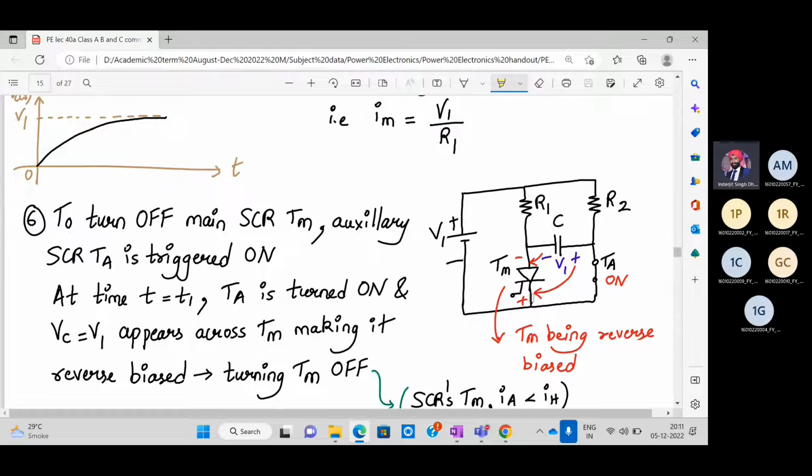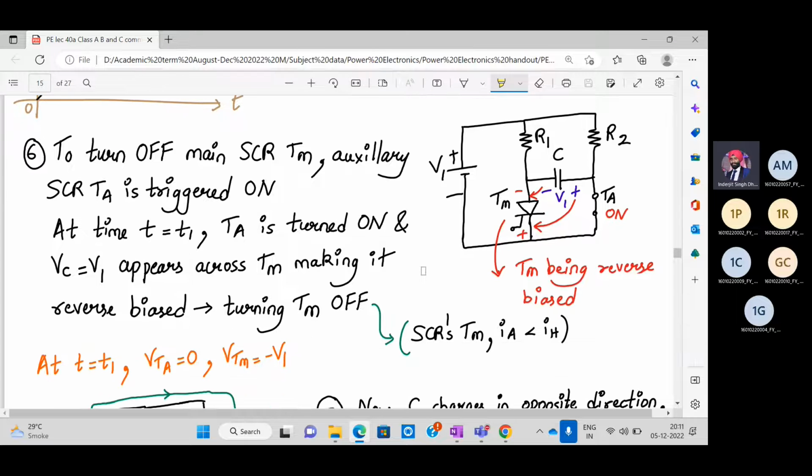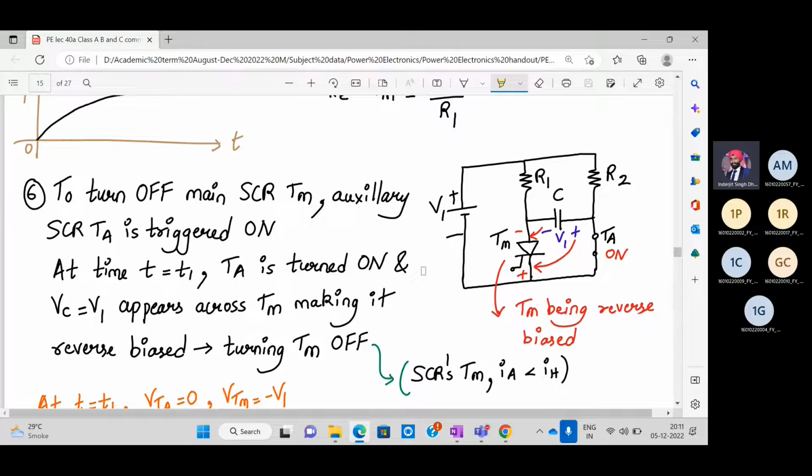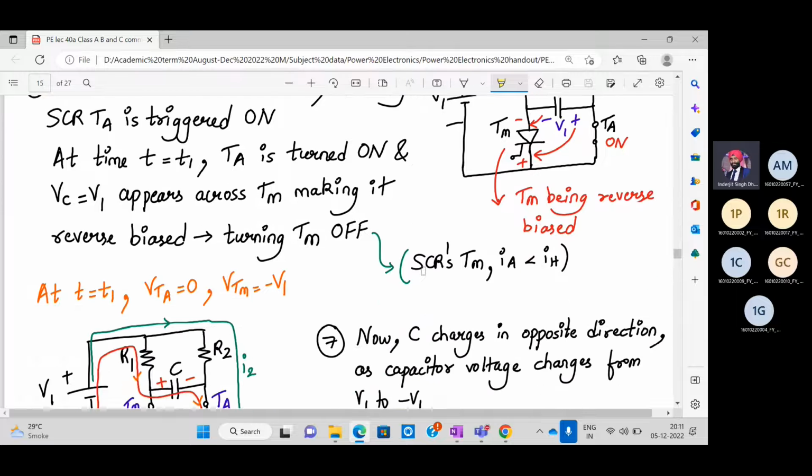And you can see here we have a positive voltage applied to the cathode terminal, negative voltage applied to the anode terminal. That means TM, the main SCR, has been reverse biased. And when the main SCR is reverse biased, it will turn off. So that's how it will turn off.